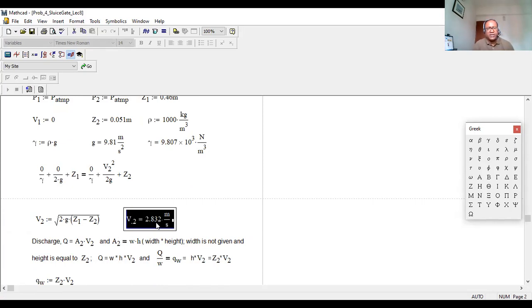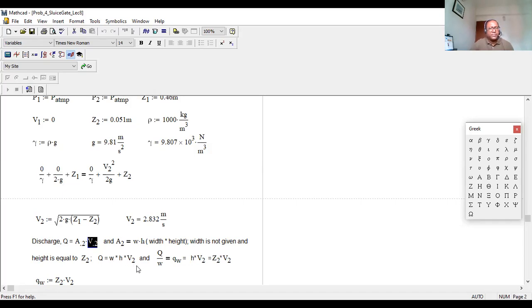Now, how will we get the value of Q? Q equals area times velocity. And what is our area? W times H. H is the height of the opening, and W is the width of the gate. So Q equals W H times V2.